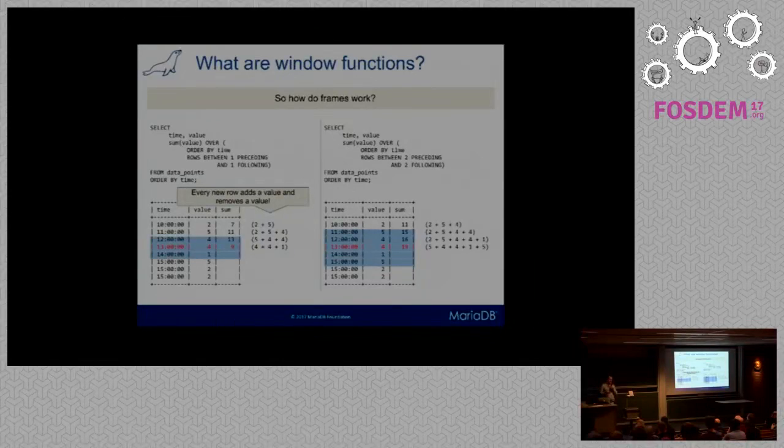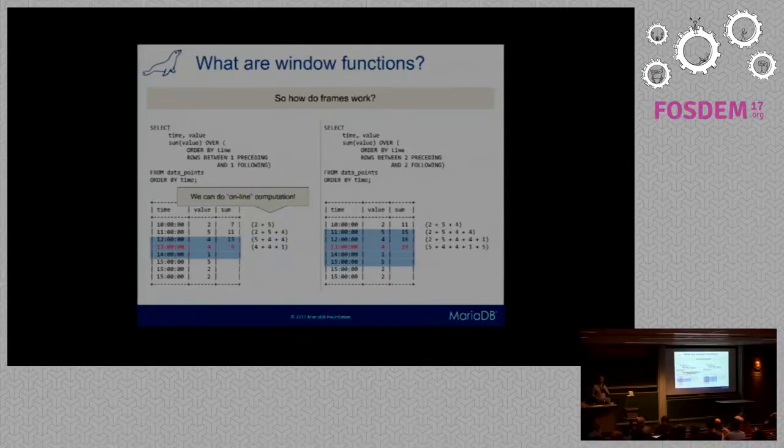Computing this is actually pretty easy if you look at how values get added and removed. For each new row that we get, we keep a set of rows, remove some, and then add some. This is the key to why window functions behave very well for certain data sets, because each computation is constant time.